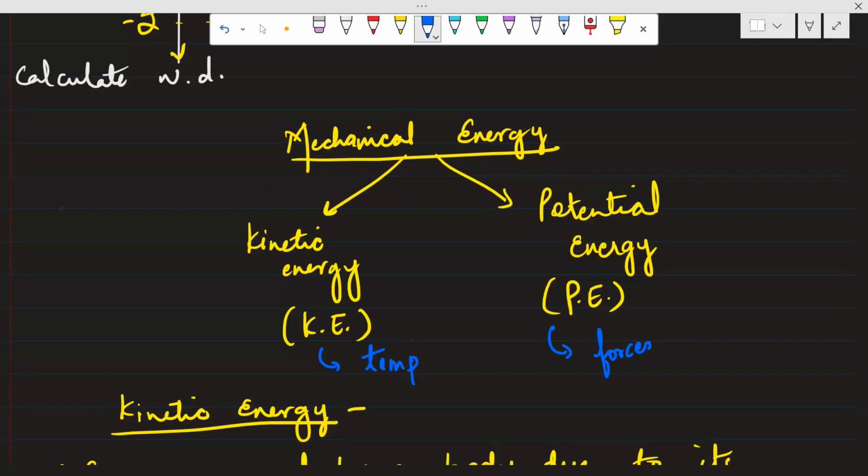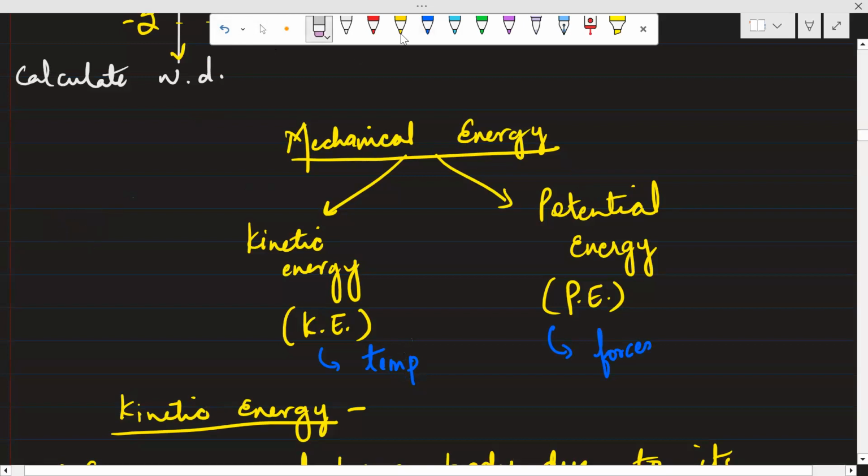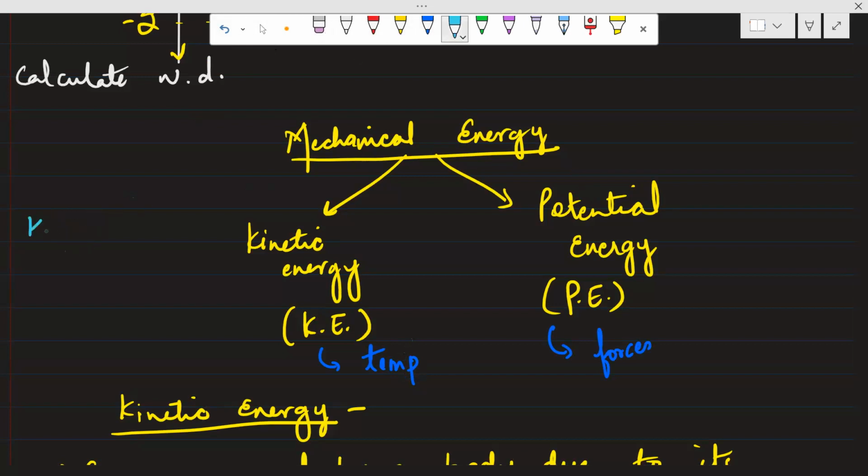Now, if we write the kinetic energy plus the potential energy together, that gives us the mechanical energy. So when we say mechanical, see why? Kinetic energy is related to your movement, all related to motion, and potential energy is related to the forces and the change in shape, orientation, and all.